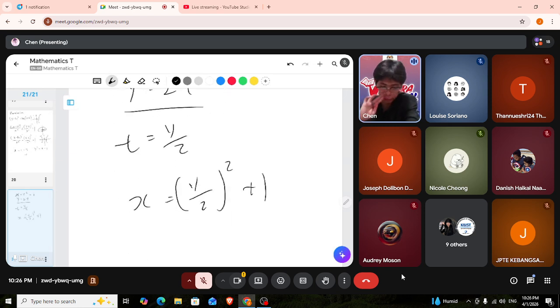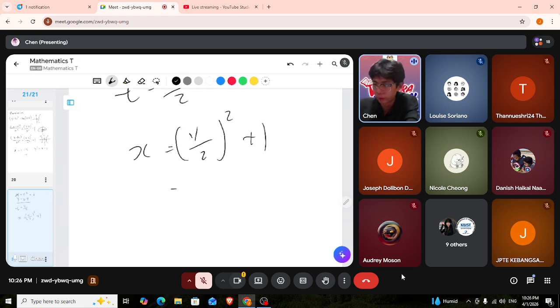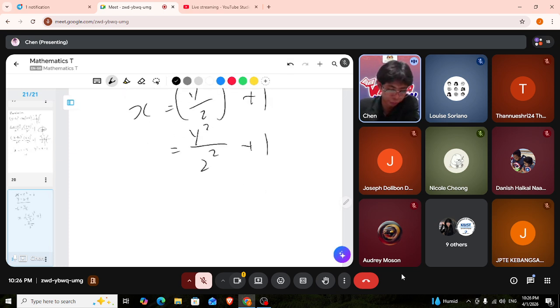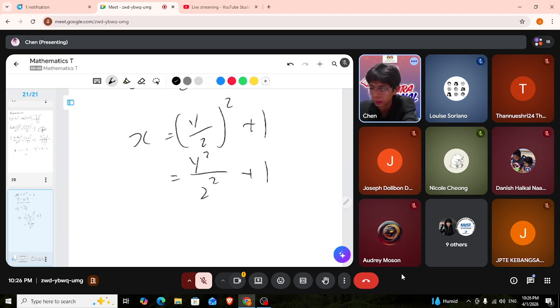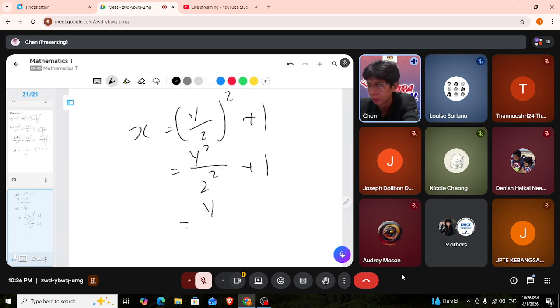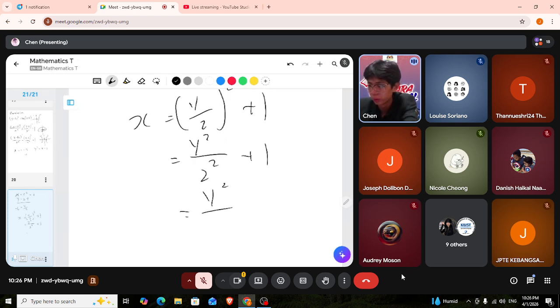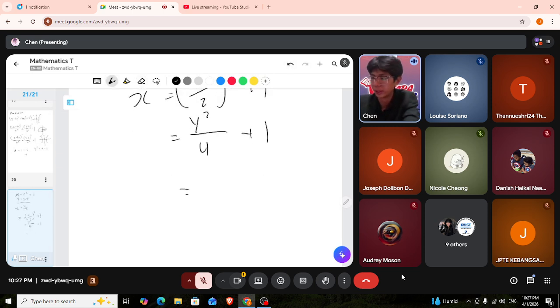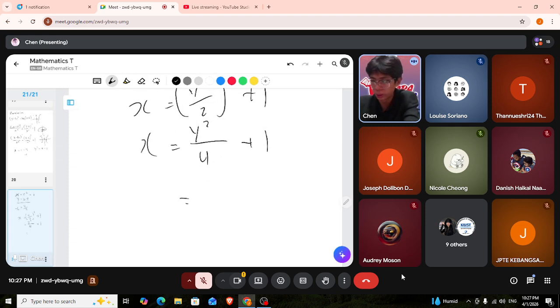Then just make sure everything goes in. So y squared over 4, plus 1. I'll just swap this out. This is 4. And then after that, just solve it like usual.